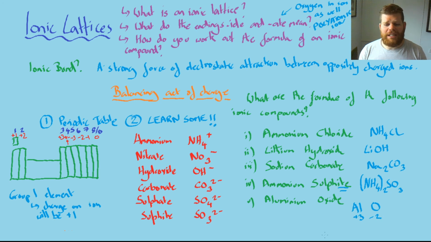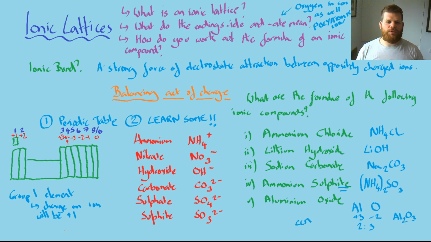Basically, we need to move these numbers up until we have the lowest common multiple, LCM, a little bit of maths in here, of those 2 numbers, which is 6. So I'm going to have these in the ratio of 2 to 3, which means that my formula at the end here is aluminium Al2O3.